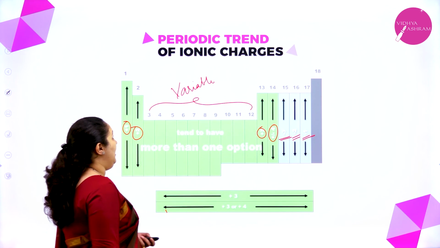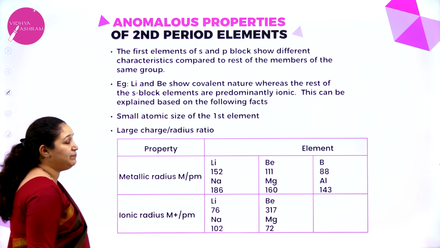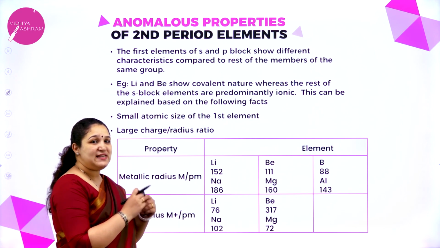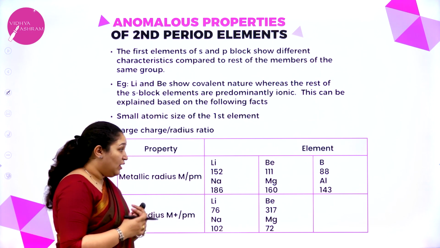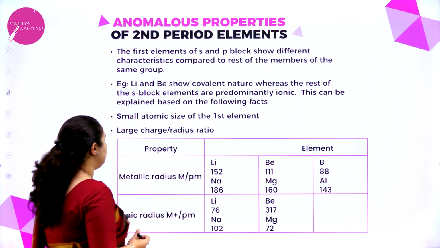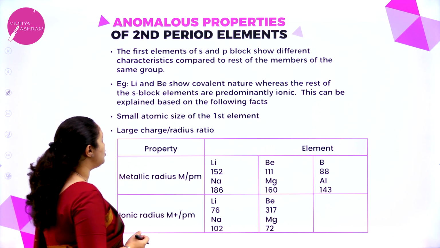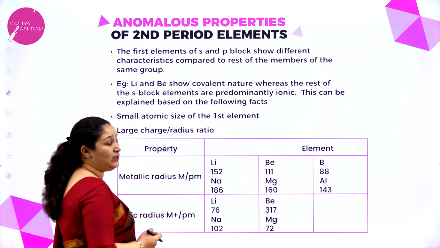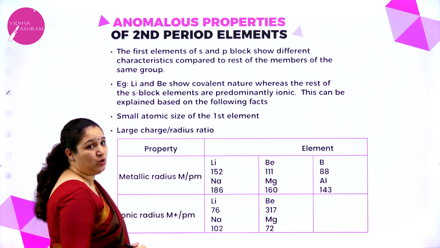Next is anomalous properties of second period elements. Our second period elements have some anomalous properties. What are those? The first element of the S and P block show different characteristics compared to the rest of the elements in the same group.